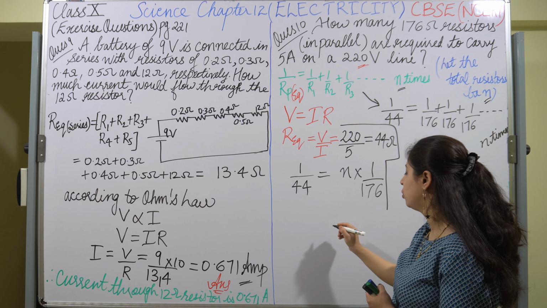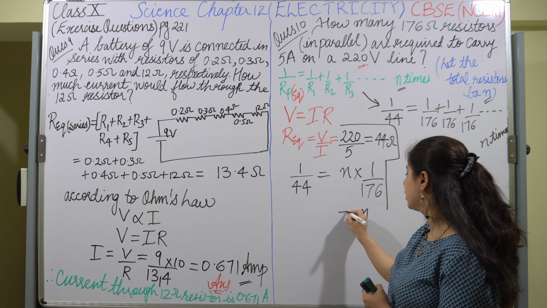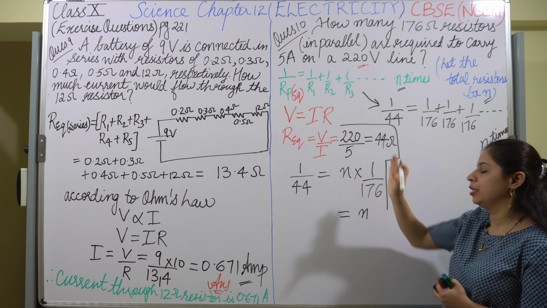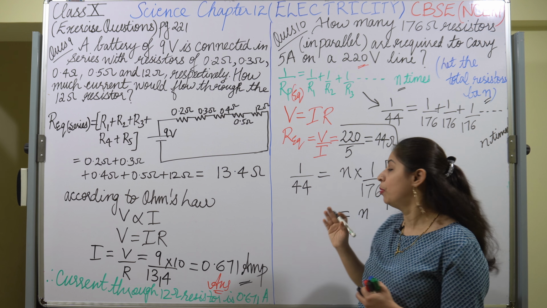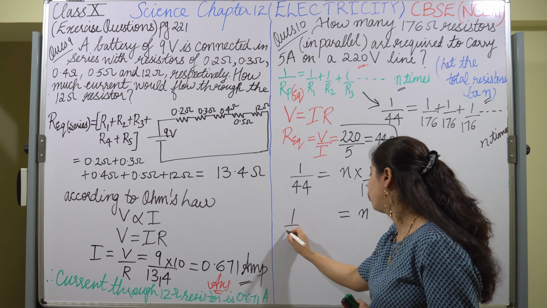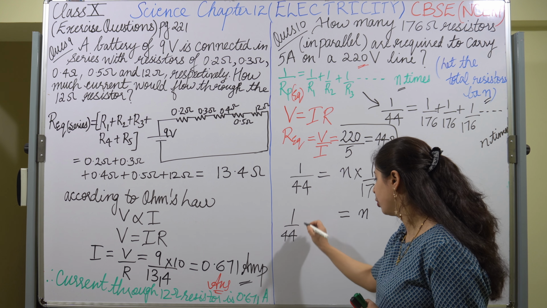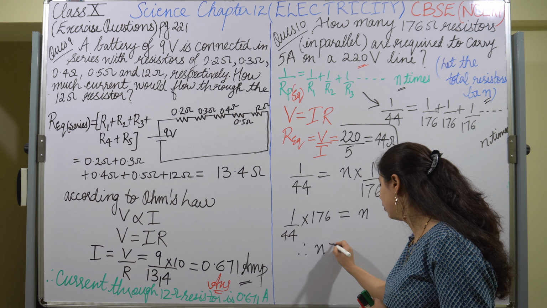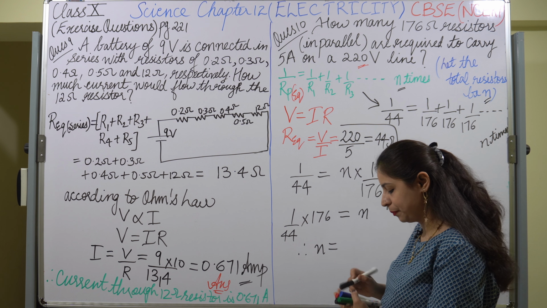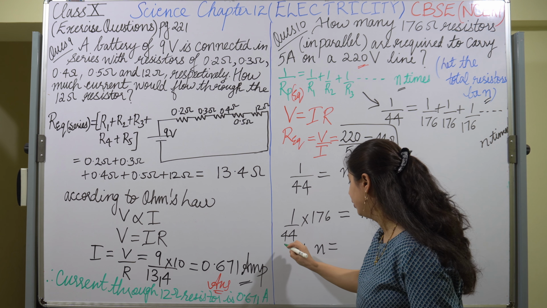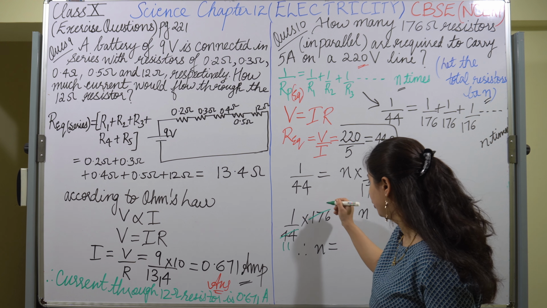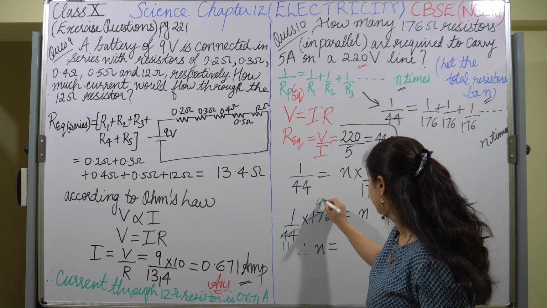Now in order to find the value of n, 176 is in divided form over here. When it goes to the other side, it becomes multiplication. So n = 176/44. Let us cancel it. 4 will go 11 times and 44 will go 4 times.